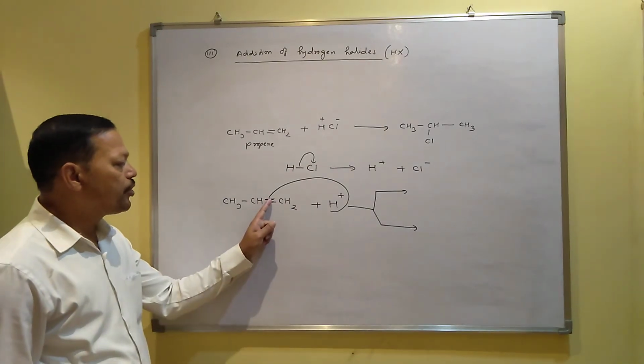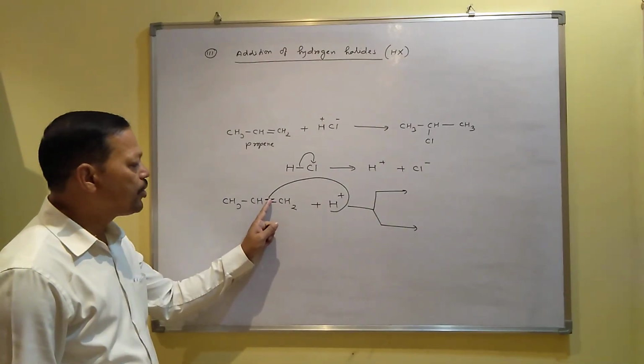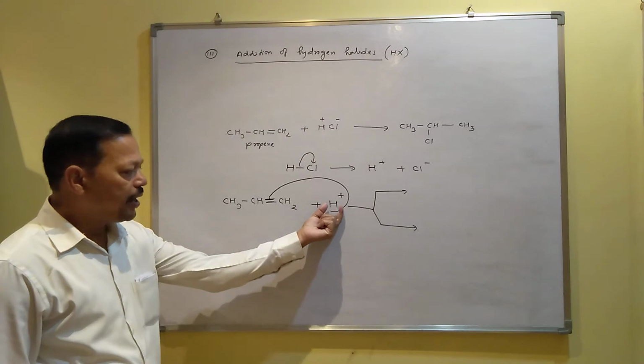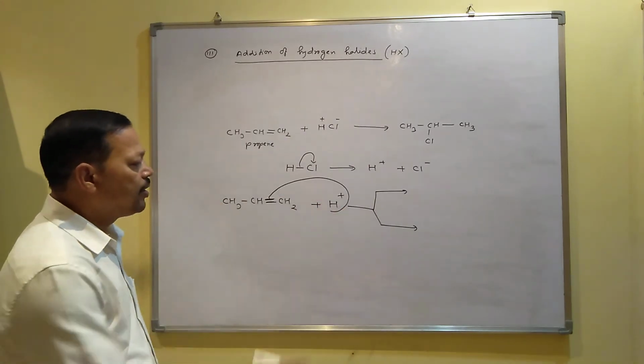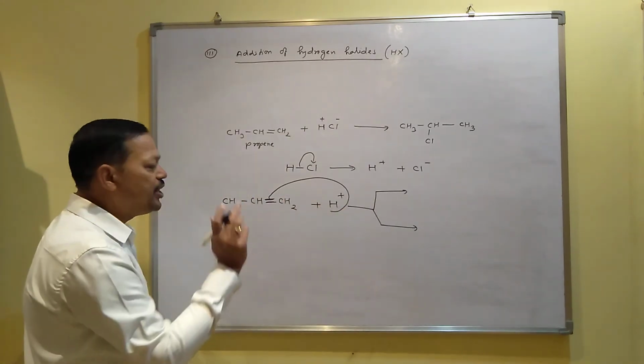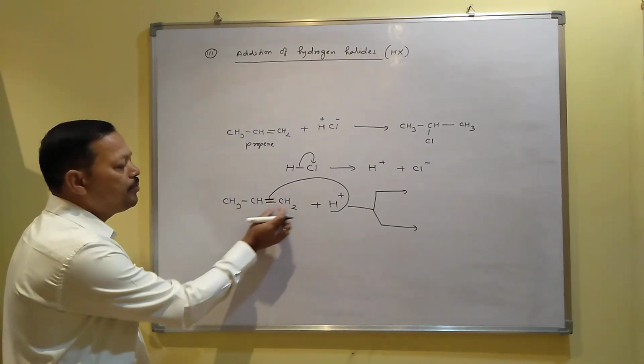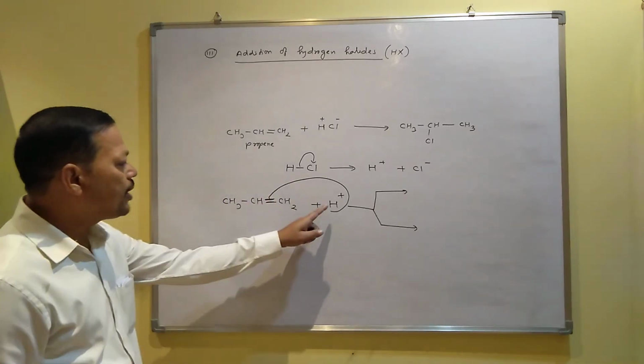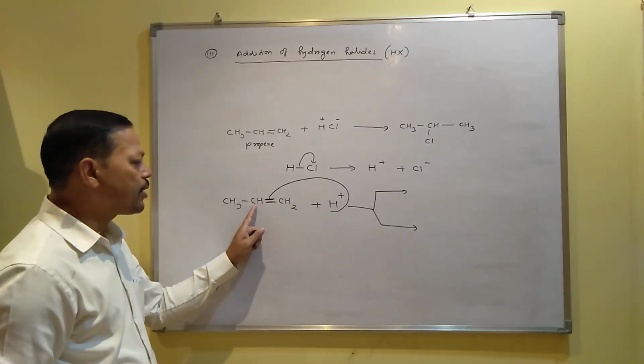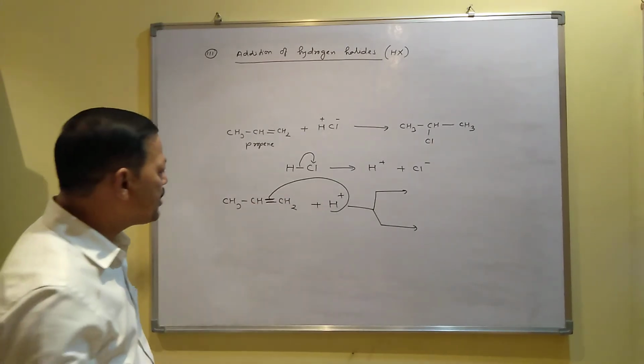Now when these double bonded electrons take this hydrogen ion, the hydrogen will form a new bond either with this carbon or this carbon, because the double bond is present between these two carbons.